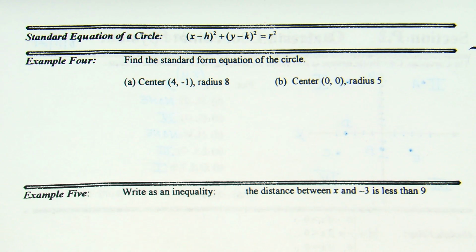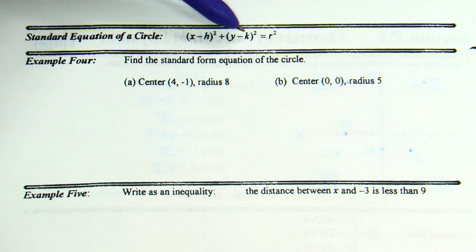Get focused. Standard equation of a circle is what we were getting ready to talk about when the bell rang yesterday. So the standard equation of a circle is of this form: (x - h)^2 + (y - k)^2 = r^2.